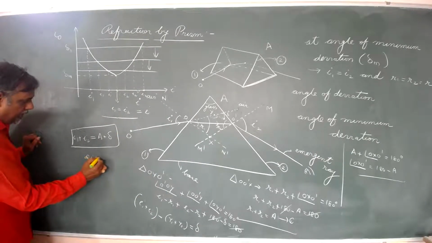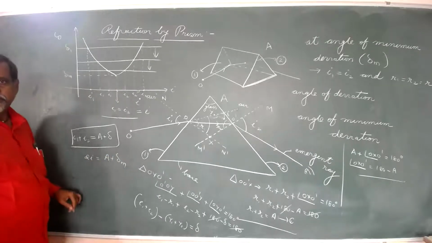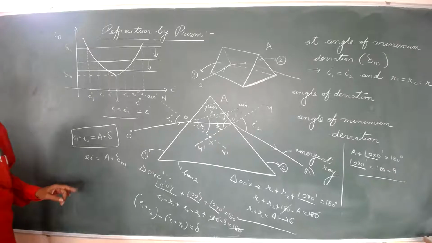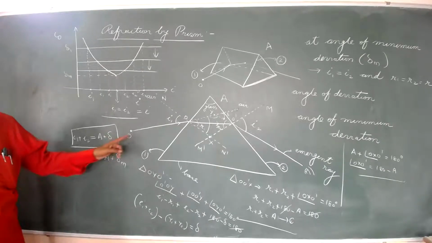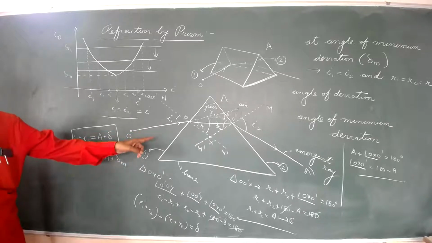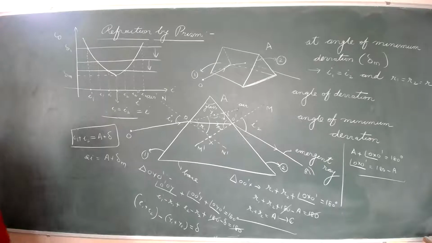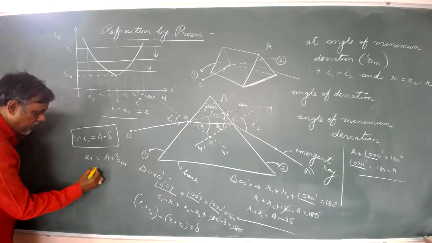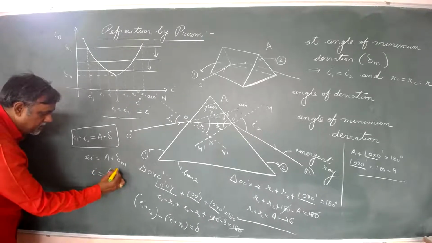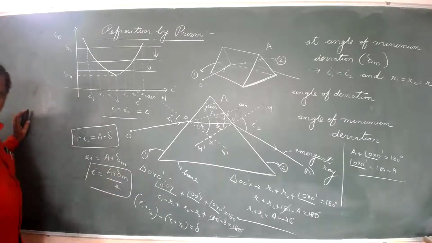So 2I is equal to A plus delta M, we can write, because now I have assumed that the prism is in the angle of minimum deviation position. Therefore, I is equal to how much? This is A plus delta M by 2. This is the angle of incidence now.